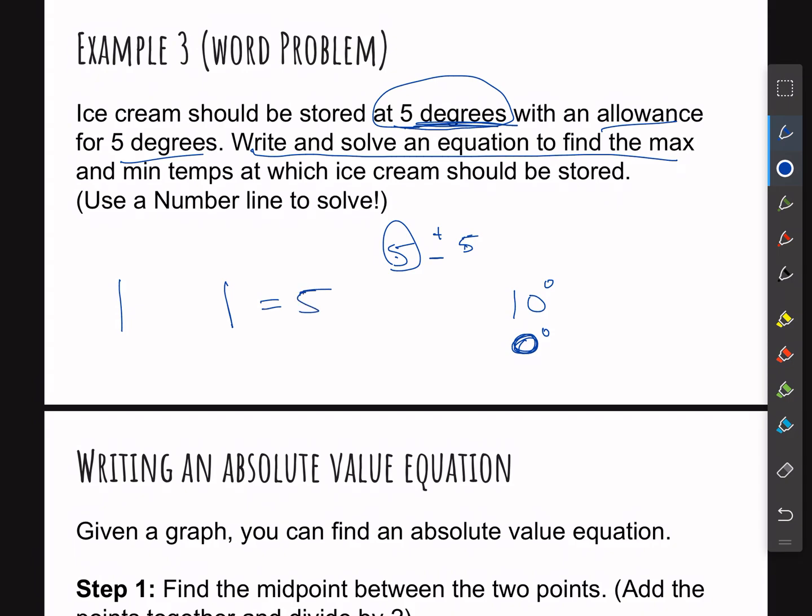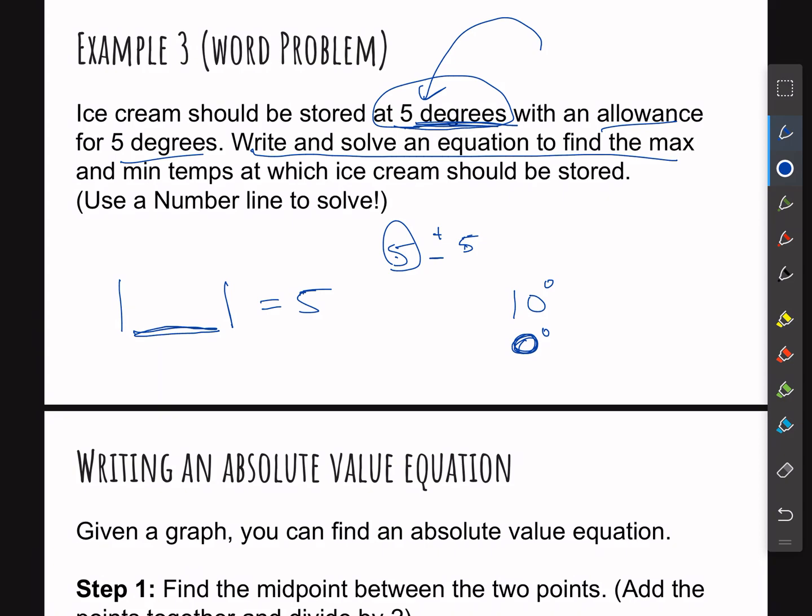We have a variance of 5 degrees. We have a difference of 5 degrees, or a distance of 5 degrees from some central location. That central location in this case is 5 degrees. Okay, so what I've been stressing is whatever makes this thing go to 0, right? Whatever makes that go to 0 is where my central point is.